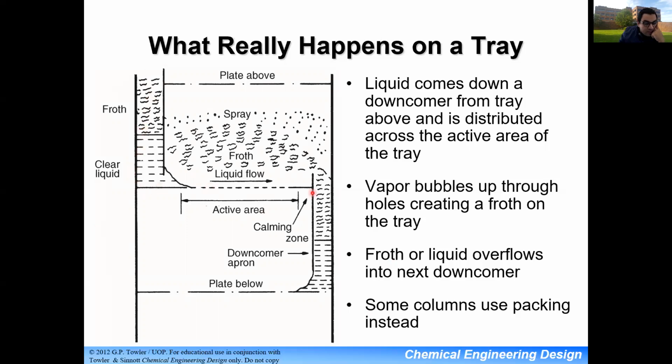This line right here is your tray, and your tray is basically a perforated plate with some nozzles or some sort of perforations with a certain design. Your liquid comes down from the top, spreads across this tray and eventually leaves down to the second tray, and then spreads over the plate or the tray below, etc.